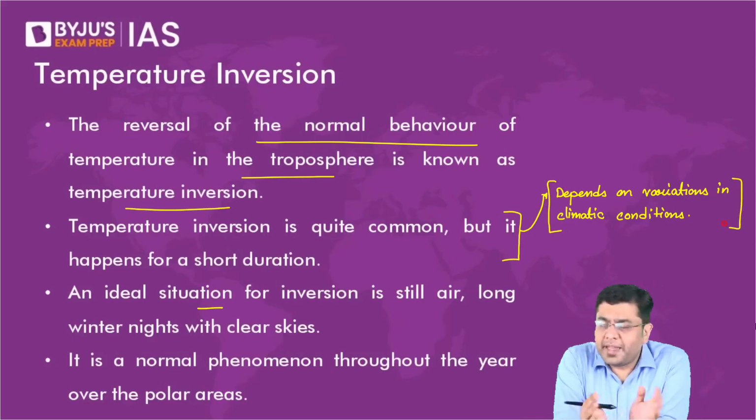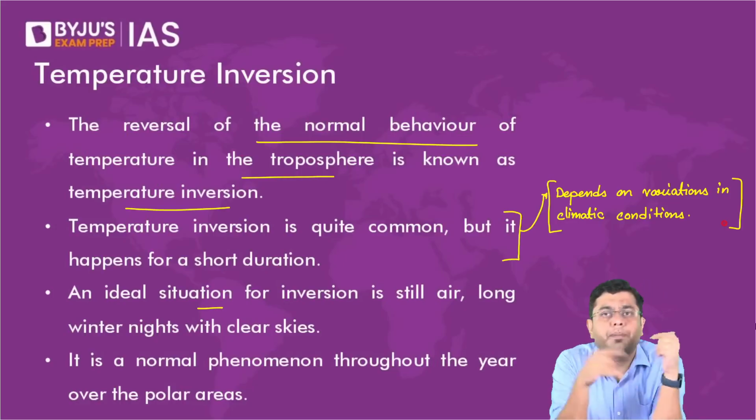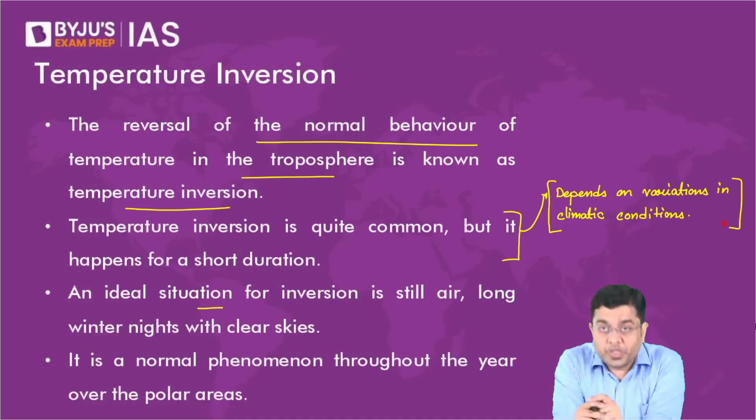You have various ways in which this phenomenon of warm air on top and cold air at the bottom can be achieved. Depending upon the ways in which a negative lapse rate can be achieved, that is the criteria for the classification of temperature inversion.